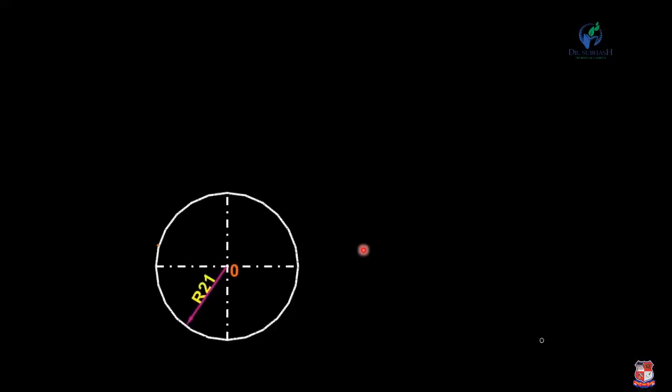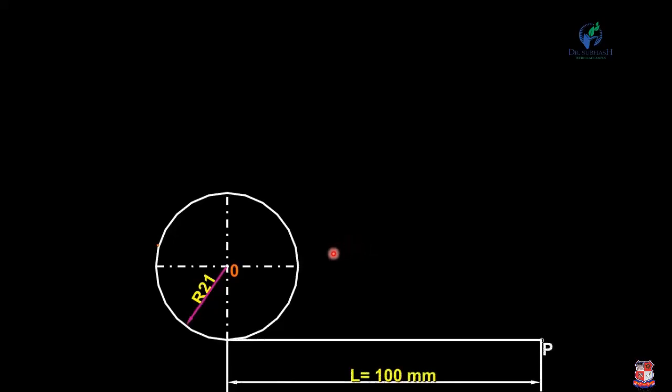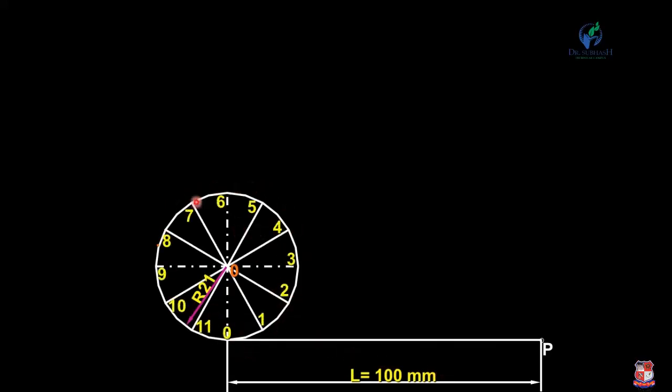So for that, first of all, draw a circle of radius 21 mm. Here this line is of 100 mm length. Now divide this circle into 12 divisions, 1 to 12 parts.